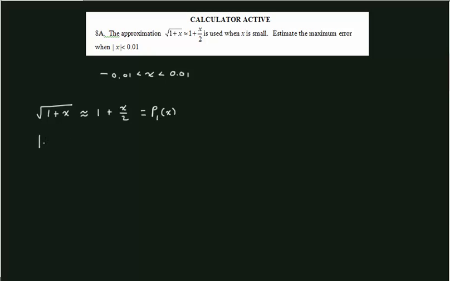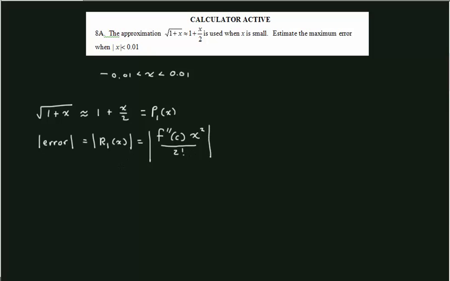Now for error, we say that the error is equal to R1 of x, which is equal to f double prime at c, x also centered at 0 to the power of 2 over 2 factorial.